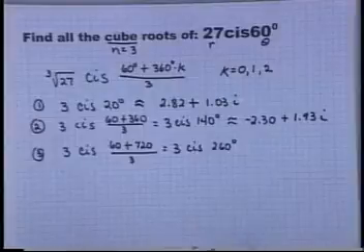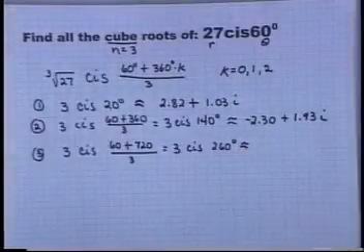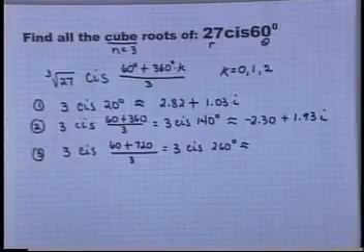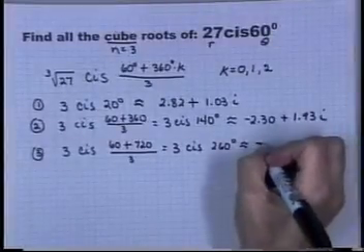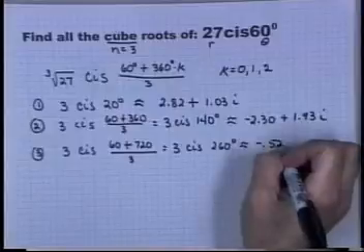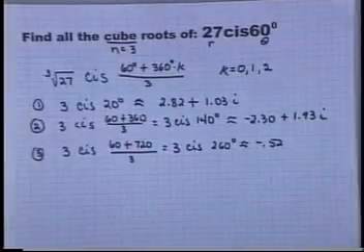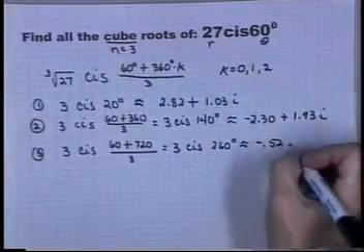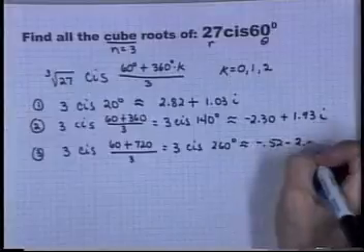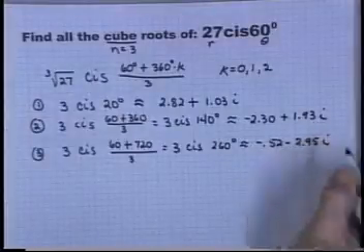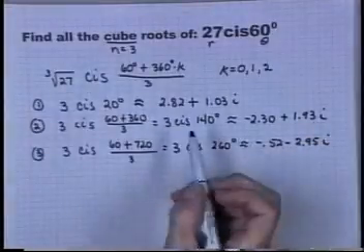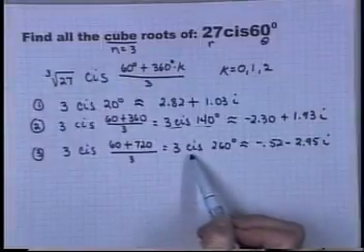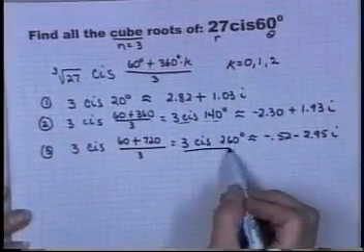And then finally the third one, I'm going to do 3 times the cosine of 260, which is about negative 0.52, and then 3 times the sine of 260 is negative, so minus 2.95 times i. So these are the standard forms of those cube roots right here.